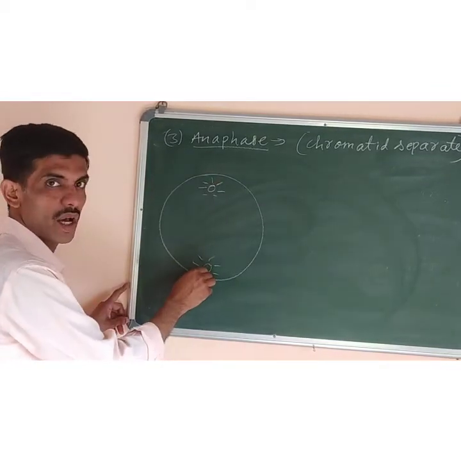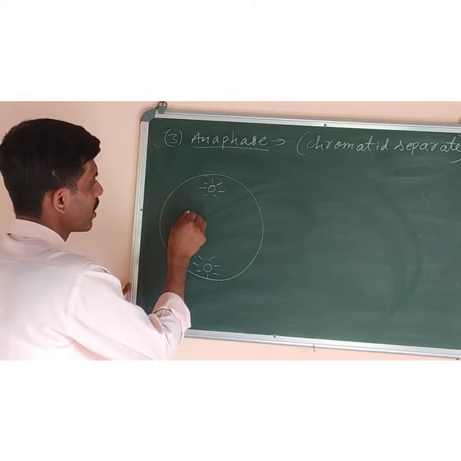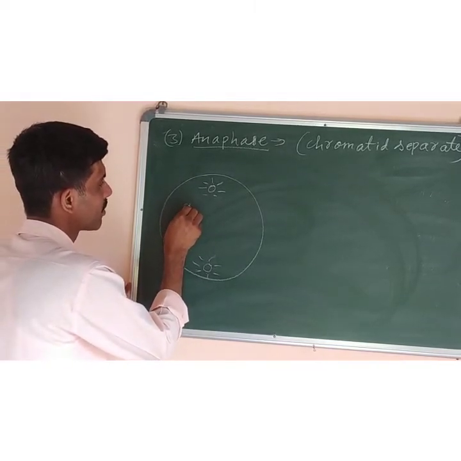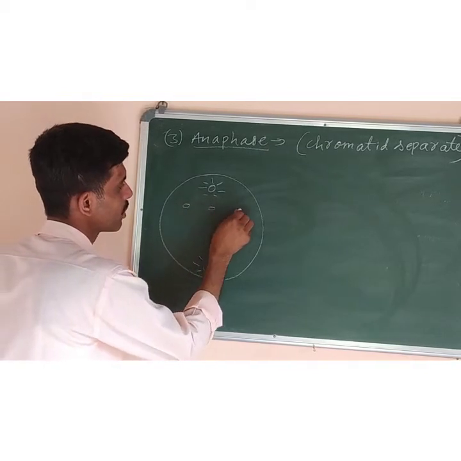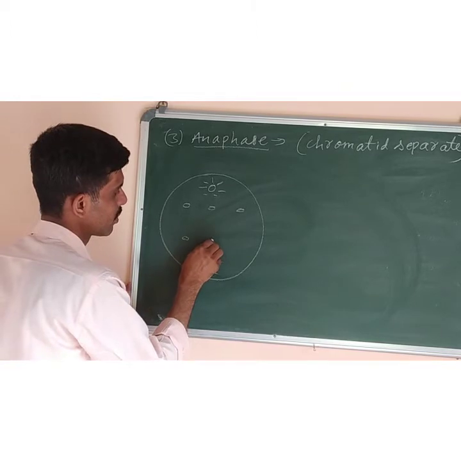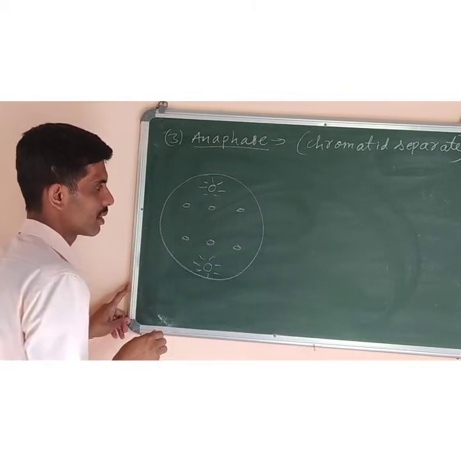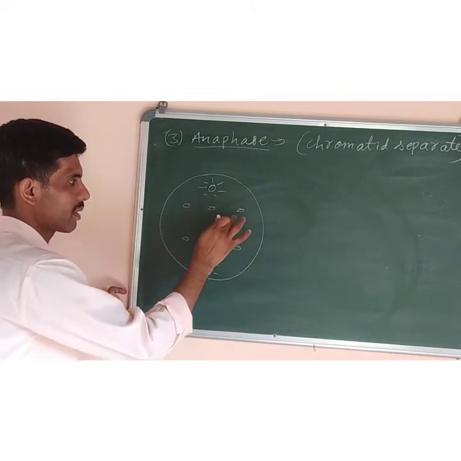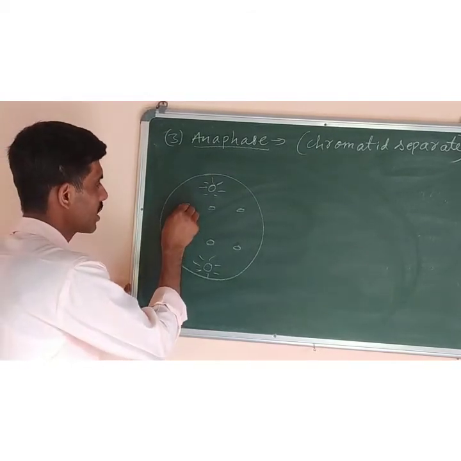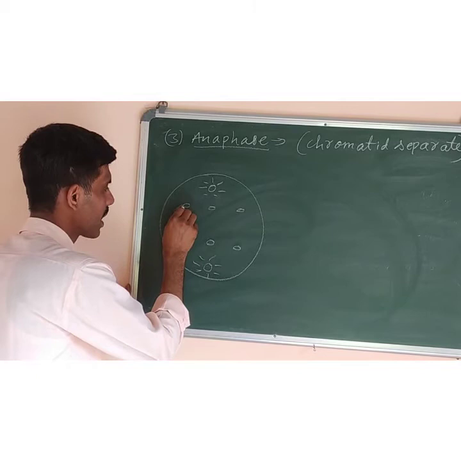They are in the opposite poles. Now, you'll find that the centromere is here. 1, 2, 3. 3 chromosomes I am trying to draw. Let's not make it very complicated. What are they? They are the centromeres. And these are the chromatids. See how I am drawing the arms.